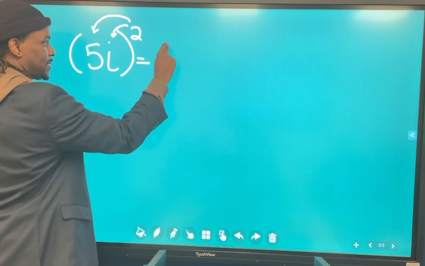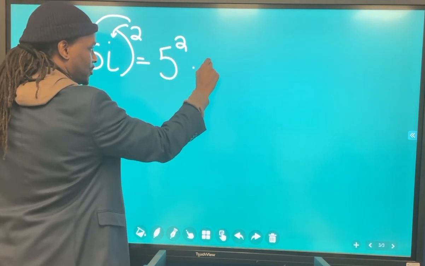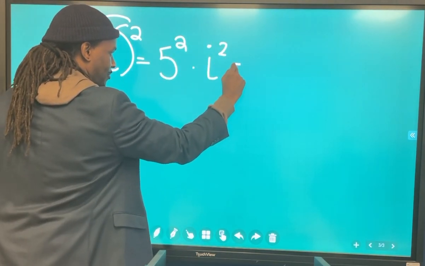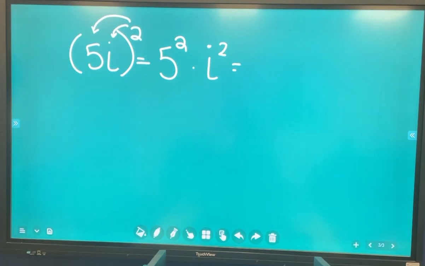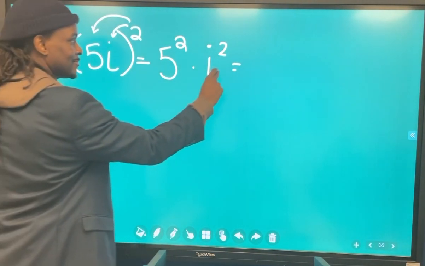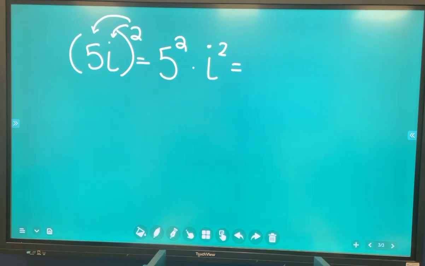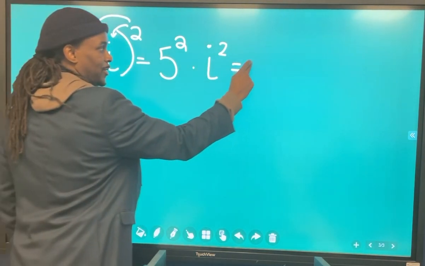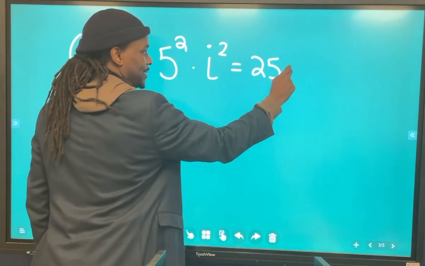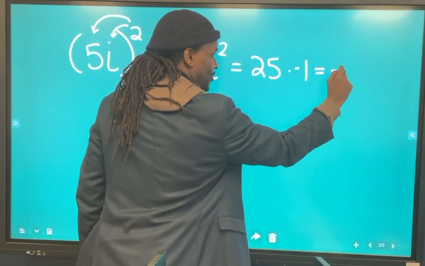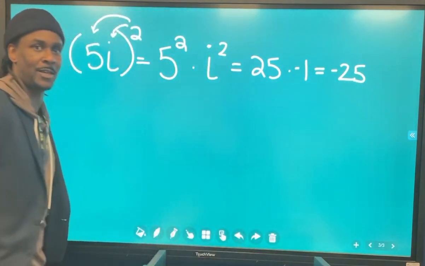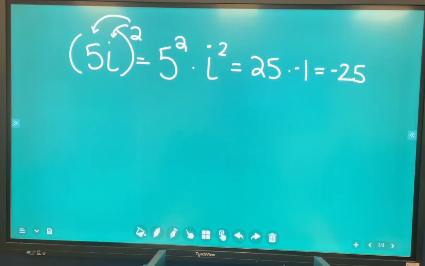So really, this is 5 to the second power times i to the second power. You got to square both. Oh, I got it. Negative 25. Very good. Because 5 squared is 25, i squared equals negative 1, and when you combine both, you get negative 25.